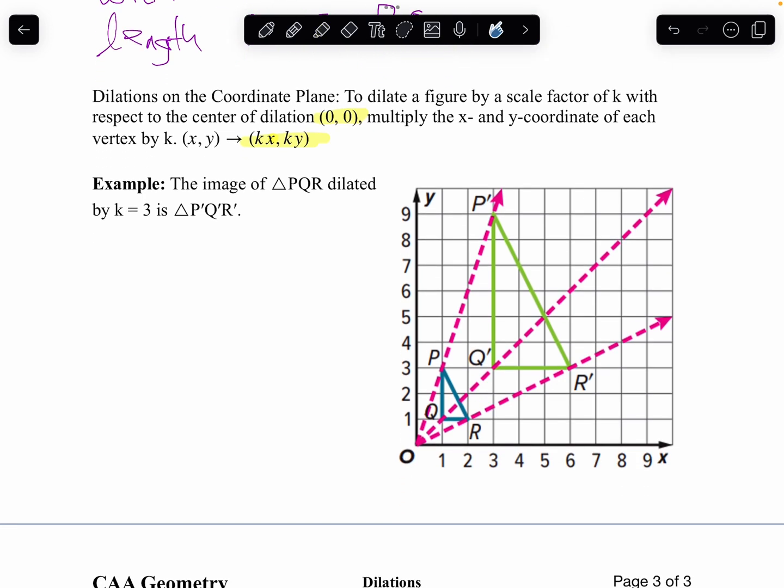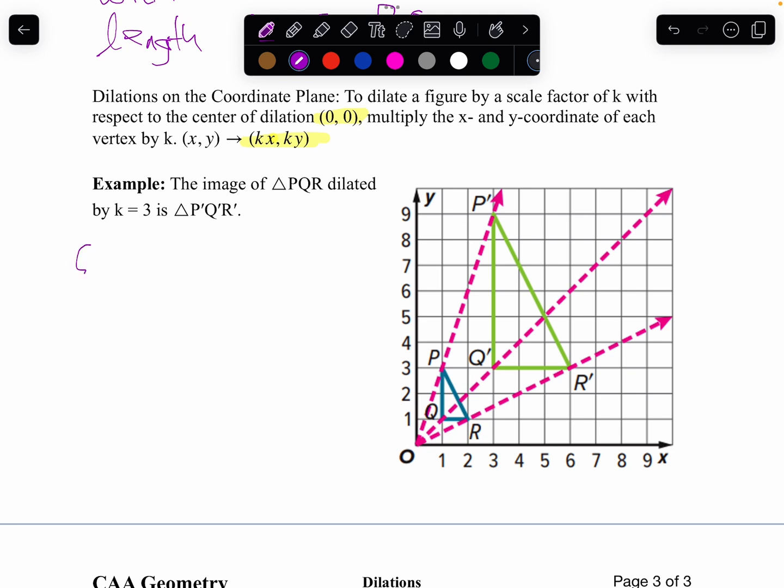So if I take a look here, my scale factor is 3. If I pick one of my points, let's pick R, and I want to write the coordinate of R here. R is over 2 and up 1. We can see that from our graph.